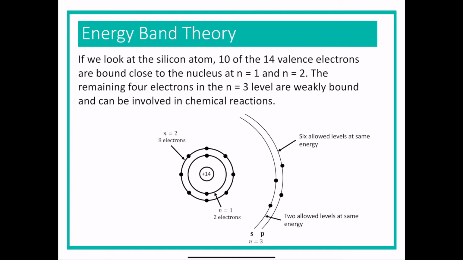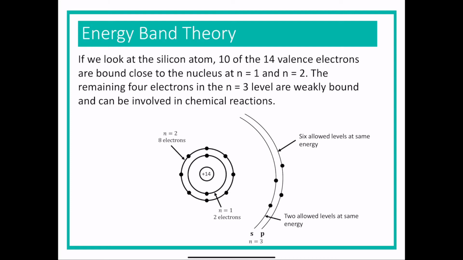At the outer level, the n equals 3 level, there are two different kinds of splits. They split into S and P, which you learn about in chemistry. The S level can hold 2, and the P level can hold 6. So an isolated silicon atom floating around in space is constructed that way.